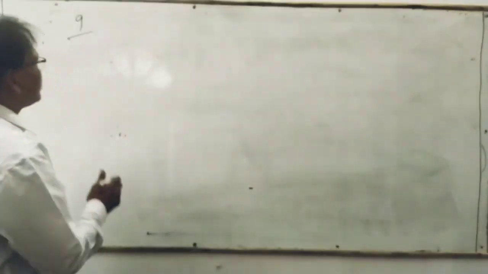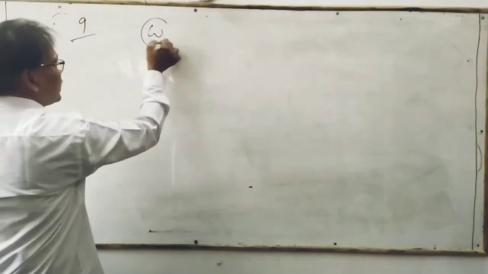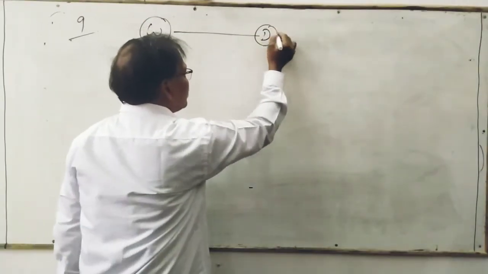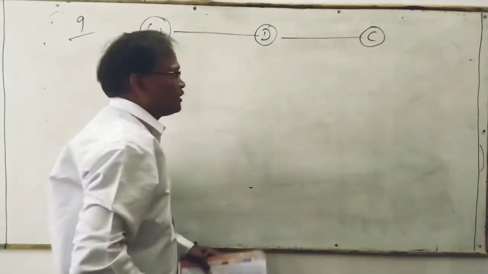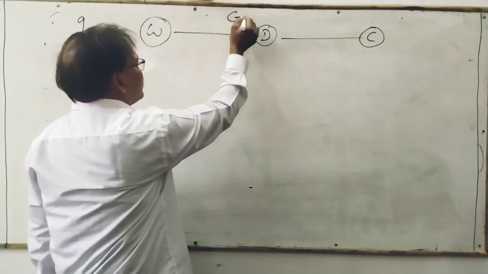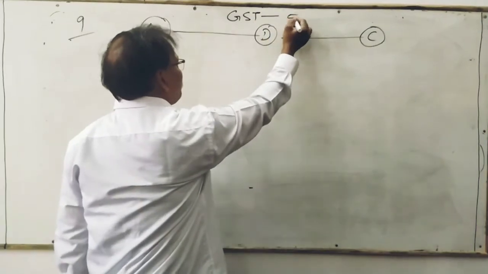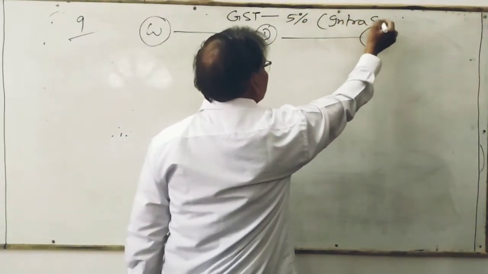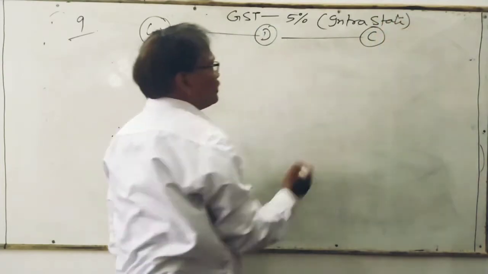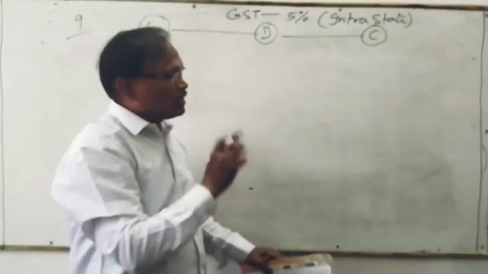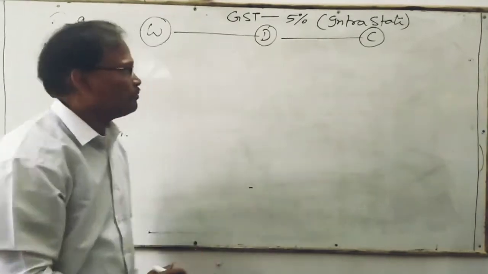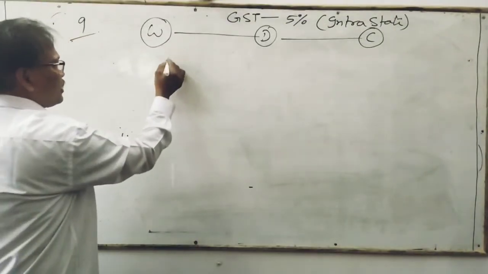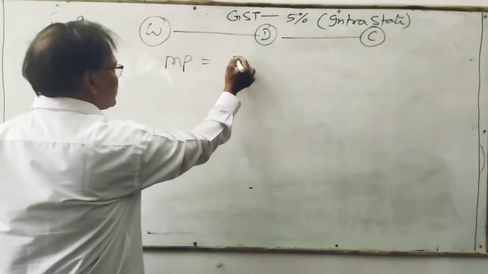तो first I make here one chain, that is wholesaler, dealer and consumer. Okay. GST is given 5%, and if you write here intra-state, then it will be easier for the examiner. मतलब कि ये intra-state है, same state में होगा. And then mark price is given here ₹6,000.